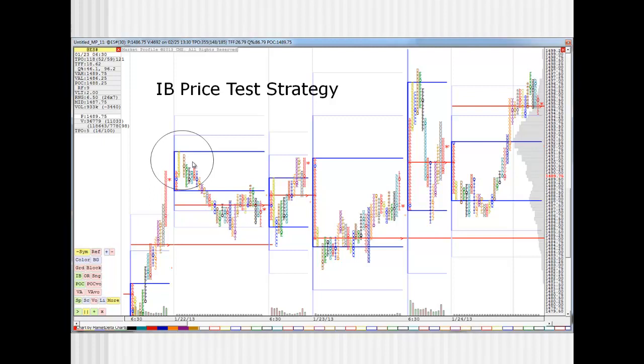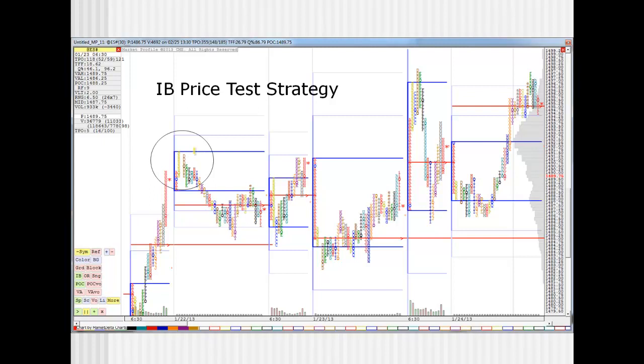The one thing that you are going to do differently is you are going to split the profile. And what you have before you on this chart is in fact a split profile. So it basically dismantles, if you will, or pushes apart all the different TPOs and just has them in a sequence right next to one another. So let's begin with what we see on this chart. And we have an initial balance for this session.